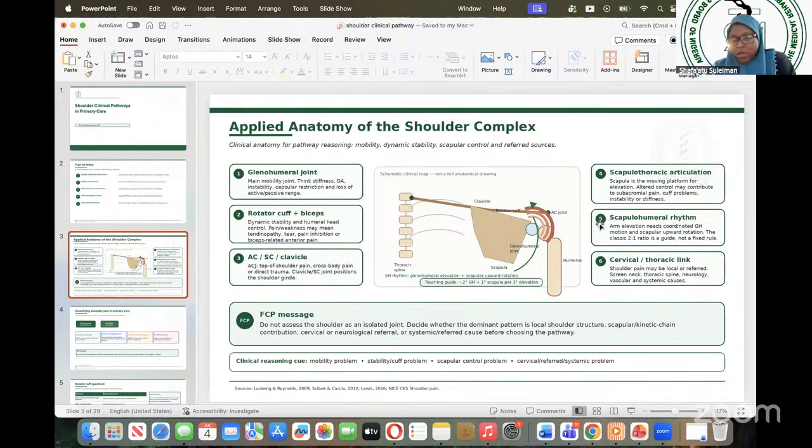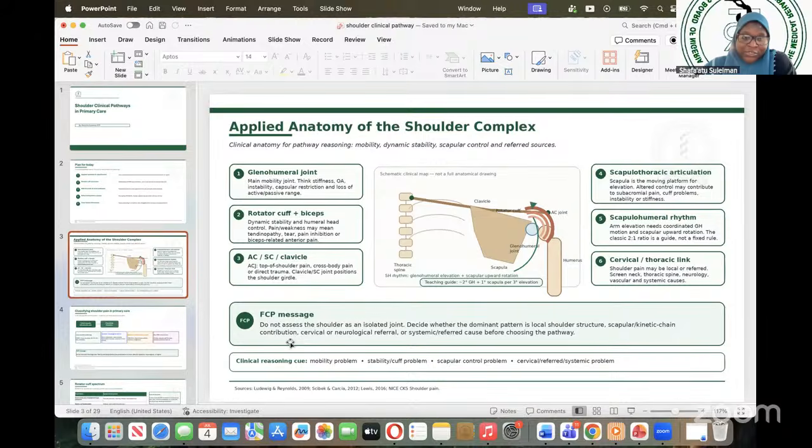And then sometimes cervical or thoracic linked shoulder pain may be local or referred. So it's definitely advisable to screen for the neck, screen for thoracic spine and neurology, vascular and systemic causes. Of course, we've discussed the neck last time, so I think that will make this one much easier and quite simple.